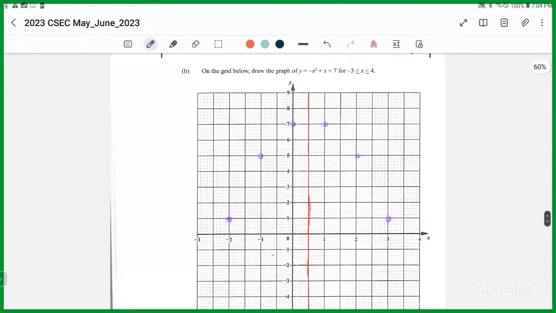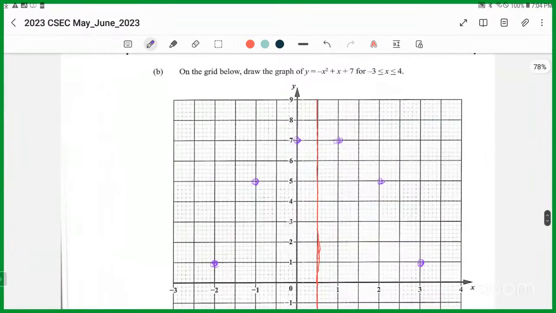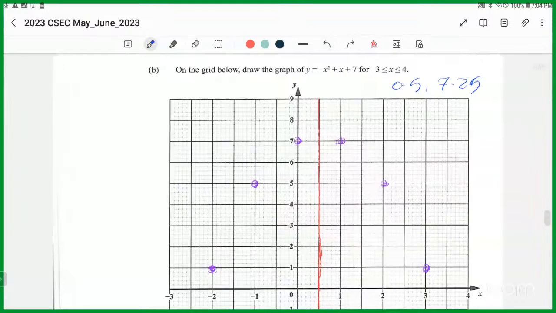Then you have to put in the vertex point. I don't give you another table, but you have to put it in, otherwise you cannot draw the graph properly. The graph has a vertex point, and this question is testing your knowledge of that. Let's put it on in blue. It was 0.5, 7.25, on the red line, the axis of symmetry.